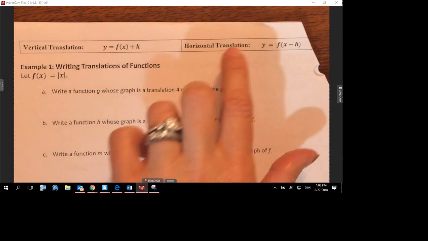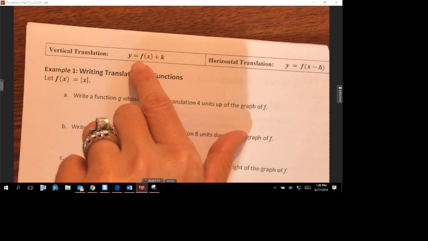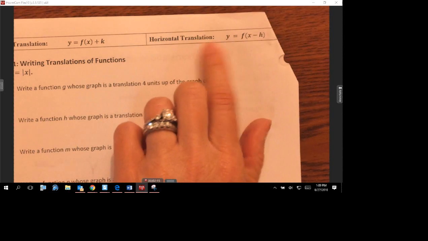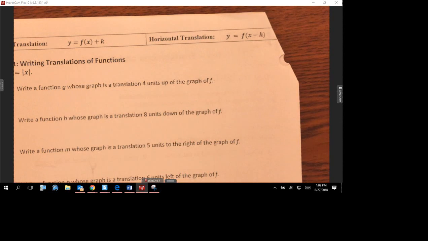And then at the top is more reminders. Here's a vertical transformation or translation where it's on the outside. Here's horizontal where it's on the inside.